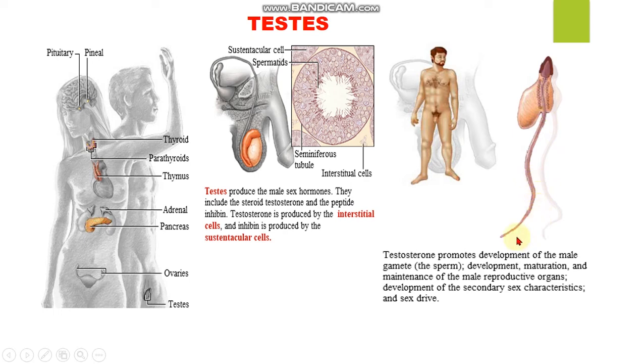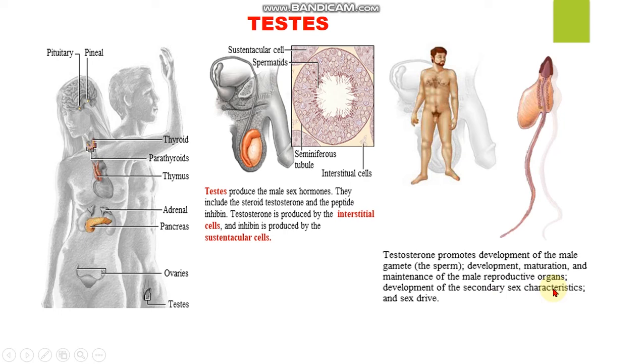Estrogen and progesterone together regulate ovarian function, cyclic changes in the uterine lining, and breast development during puberty. Estrogen promotes development of the female gamete, the egg, development of other secondary sex characteristics, and maturation of the reproductive organs in females. Progesterone is required for pregnancy. Inhibin suppresses secretion of FSH. To study another gland, click its name.